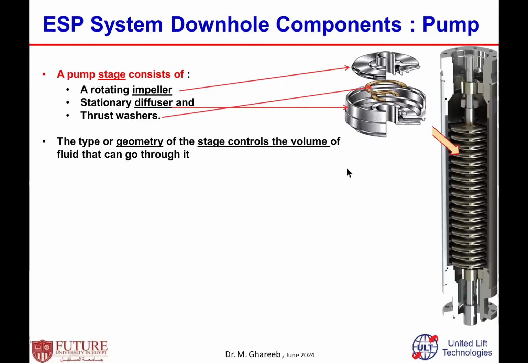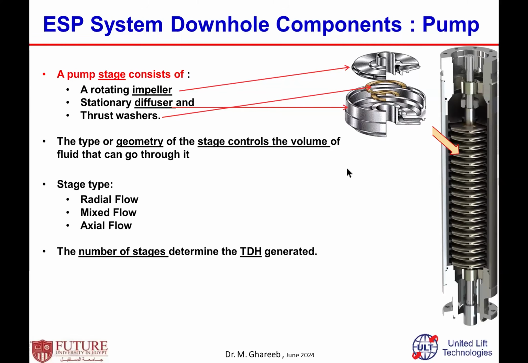The geometry of the stage controls the volume, based on the size of the stage itself, depending on how much volume I need to lift. Also, the fluid going into this stage is lifted depending on the number of stages I have to use.